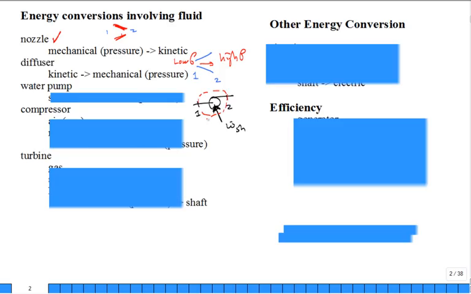So what's it doing? Is the mass flow rate coming in at 1 different than the mass flow rate going out at 2? Did it increase the mass flow rate? No. These are the type of questions that trip students up when they first analyze a pump. They're like, oh, it doesn't do that. It doesn't change the density. What does it do? It changes the pressure, and that's the key idea. What is the pressure a measure of?